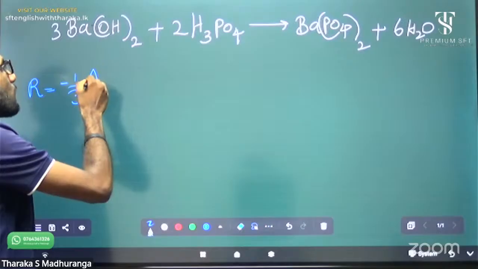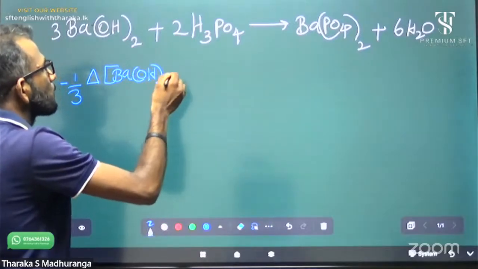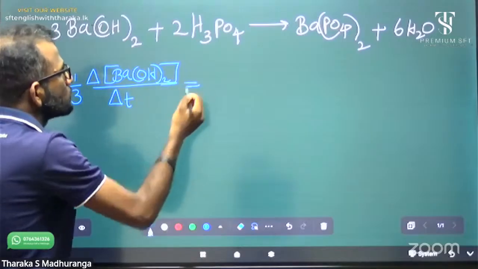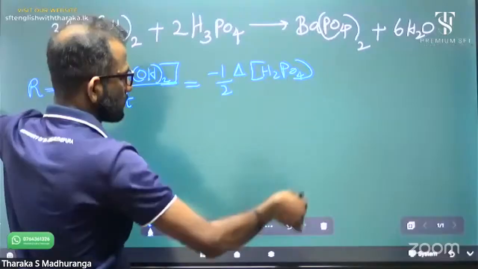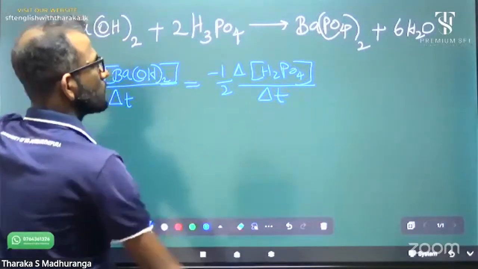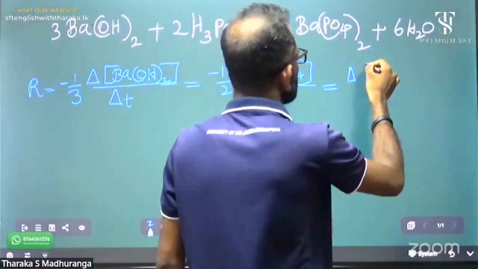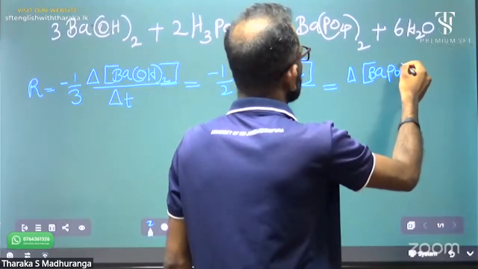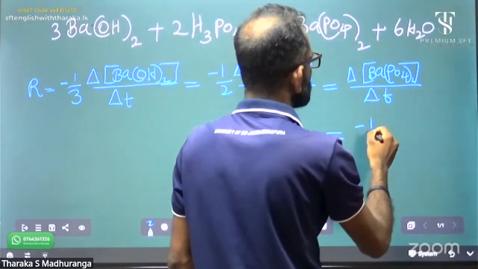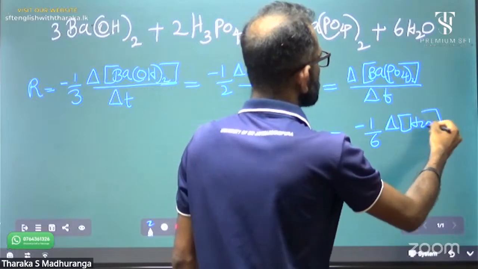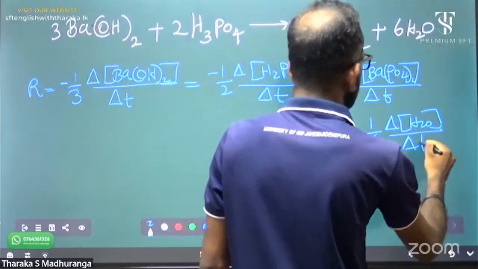And the reciprocal of the stoichiometry: minus delta barium hydroxide over delta T equals minus half delta H3PO4 over delta T equals, no minus required since it is a product, delta barium phosphate over delta T, equals plus 1 over 6 delta H2O over delta T. That's the story.